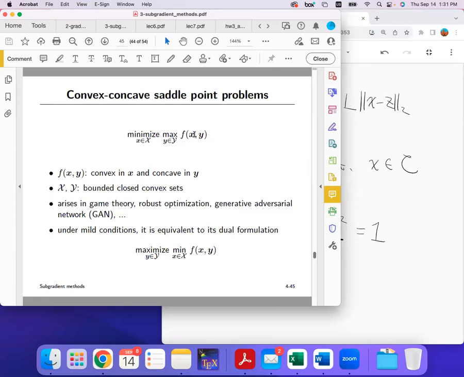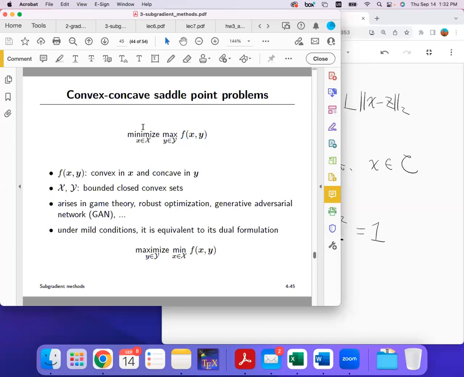For every fixed y, f is a convex function, and we are minimizing over x. So it is a convex problem. For every fixed x, f is a concave function in y, and we are maximizing over y. So it's also a convex optimization problem if you just add a negative sign to the objective function. Maximizing concave is symmetric to minimizing convex functions. So they are exactly symmetric to each other.